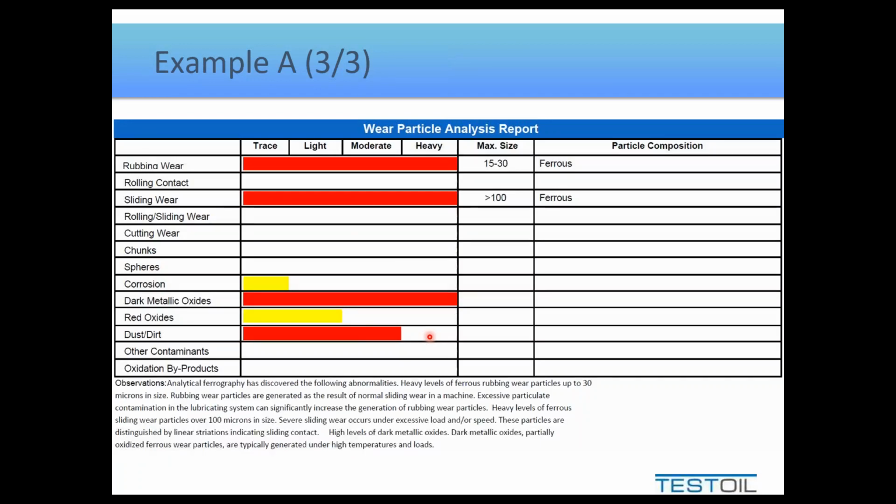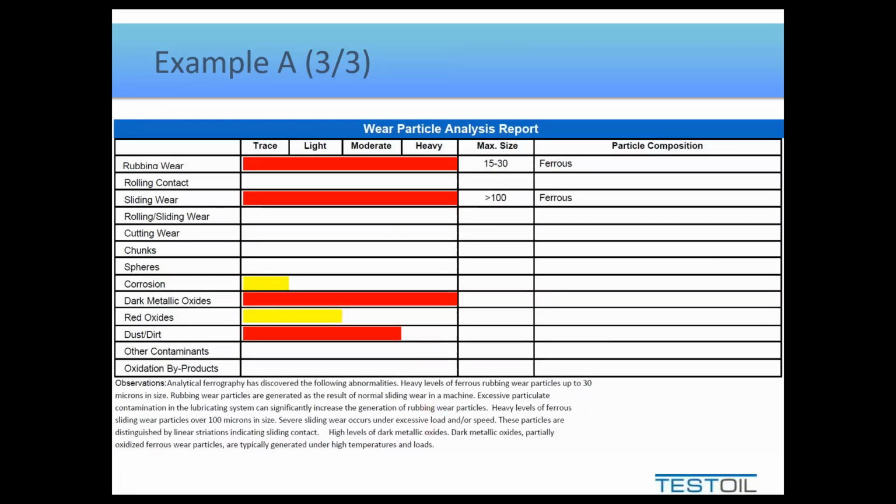We said silicon, we said water, and we're undecided on particle count. Well, now that you've seen the whole report and can take into context, you can probably group the silicon, the dust and dirt that you're looking at right here, and the particle count together and say all three of those have something to do with particulate contamination. The only other cause that we have left is that water.